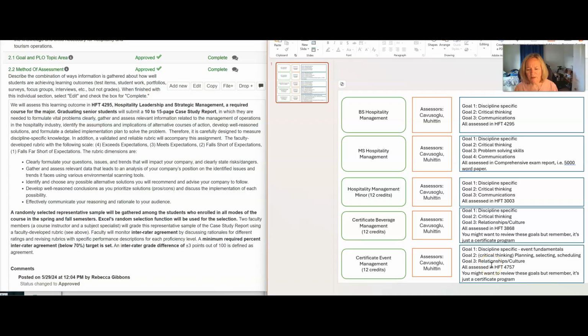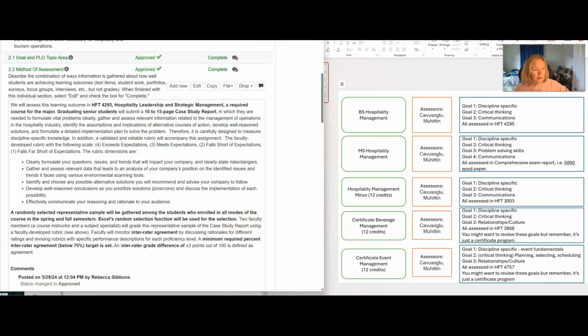And then the last one is event management. And from my perspective, which doesn't matter to anybody, okay, I think this is kind of weak. I'm not sure what the objectives of the program are, but here we have event fundamentals, planning, selecting, and scheduling of events. And then the last one is relationships and culture, I believe. Let's check that out. I'm not sure.